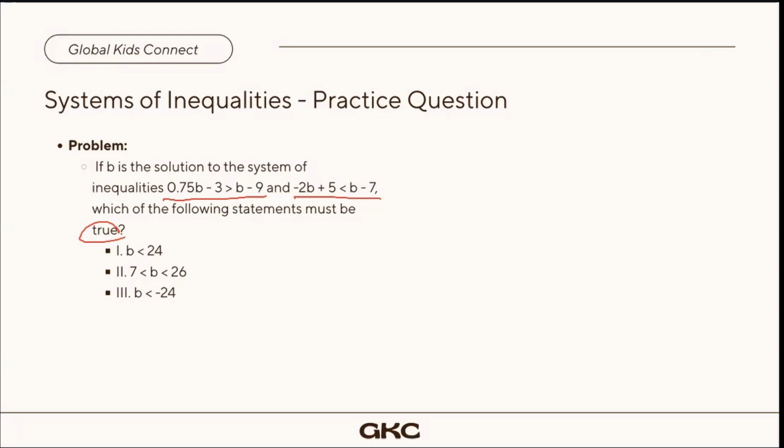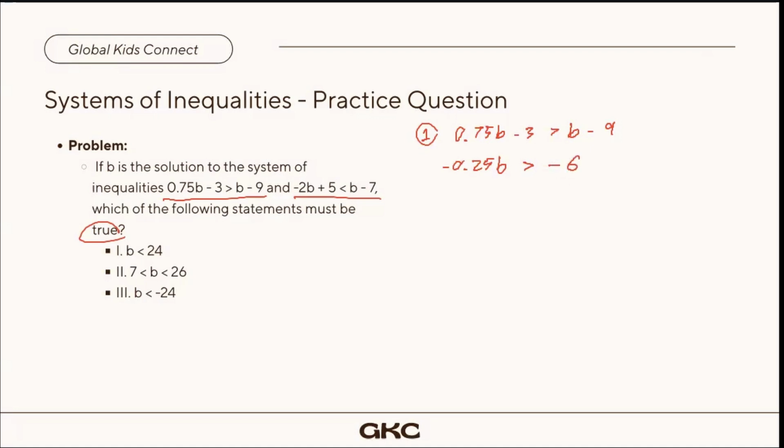Like we did for our previous question, we will simplify the inequalities independently. For our first one, we can move the b variable to the left side so that we get 0.75b minus 1b, which equals negative 0.25b, is greater than negative 6.